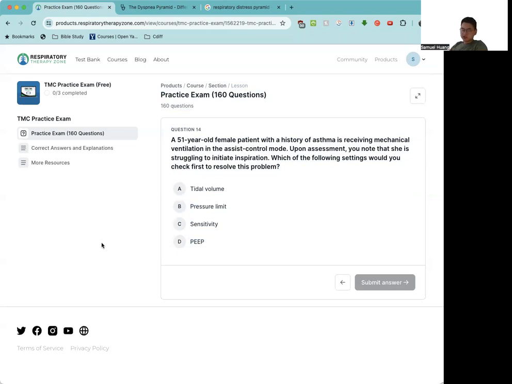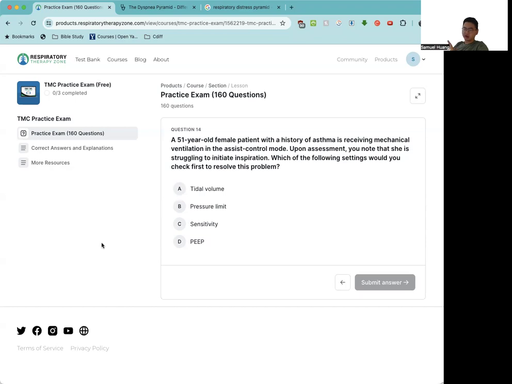Assist control means that the machine is giving its mandatory breaths. However, unlike in CMV, in assist control, if the patient initiates a spontaneous breath, then they'll get a full tidal volume too. So in this case, this patient is in assist control mode.